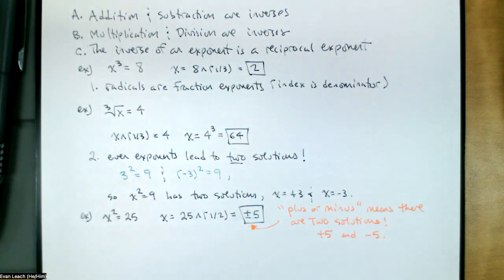This plus or minus thing is just something that we have to do with even exponents. So we only have to do this plus or minus business when we have an even exponent to start with, and we're solving for the base.